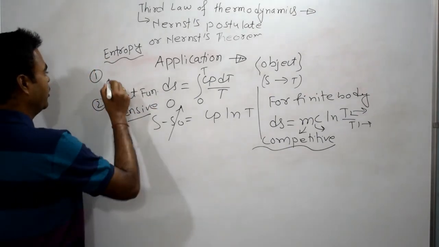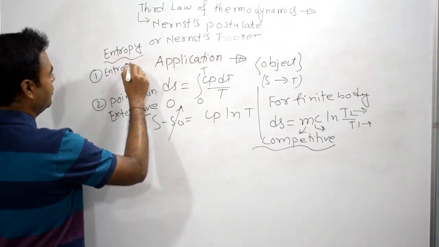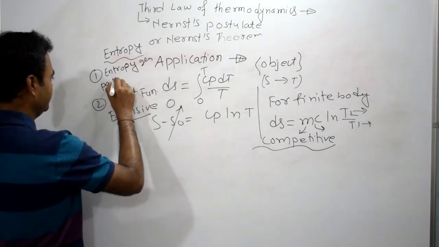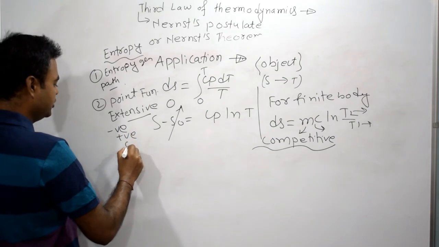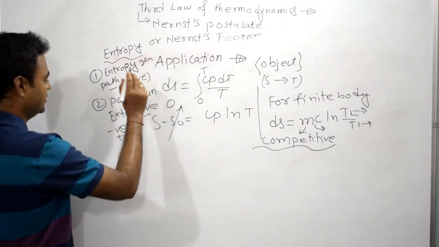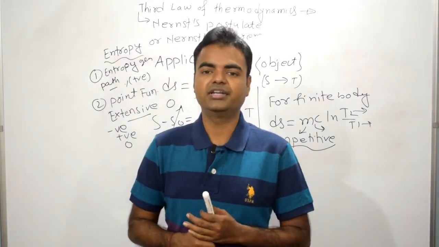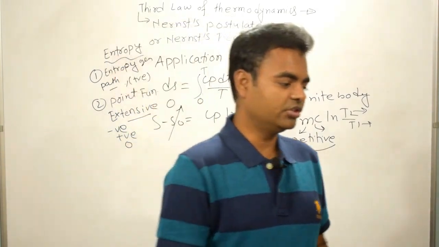Now if we are talking about entropy generation, it is a path function. Entropy can be negative, positive or zero, but entropy generation is always positive. So these are the key points. Remember these key points, they are really important, and they will definitely help you for competitive examinations.